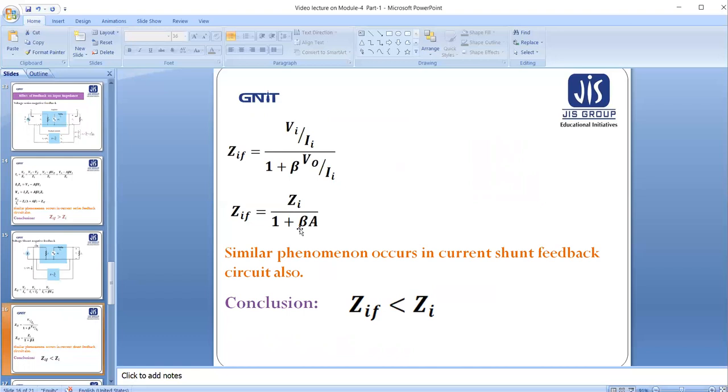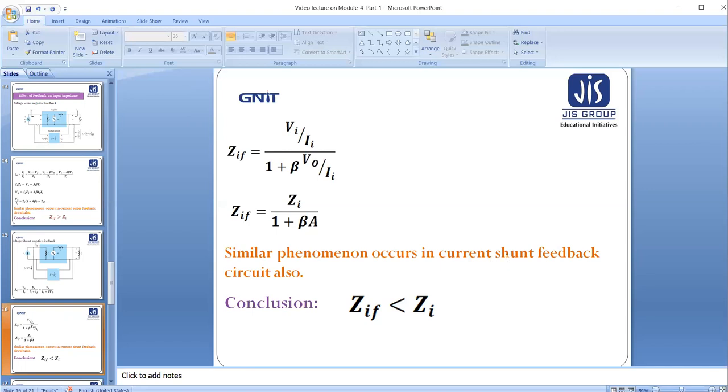Now what is the observation? We observe that in voltage shunt, the input impedance is reduced from the input impedance without feedback. It is also a very common phenomenon for the current shunt, because, it is very interesting, as we are dealing with the input impedance, always look at the input term.